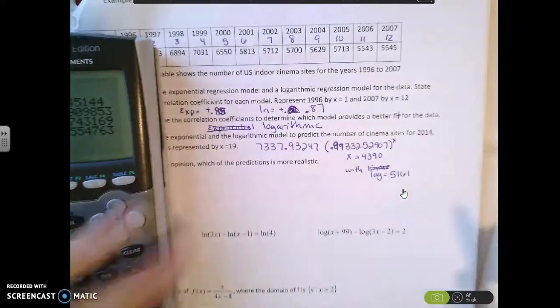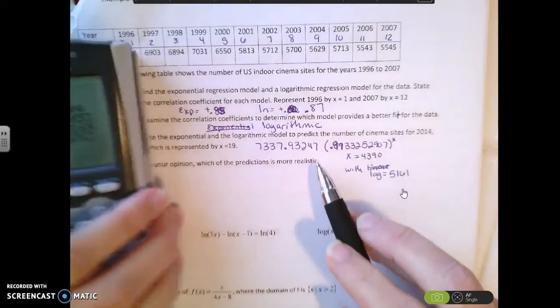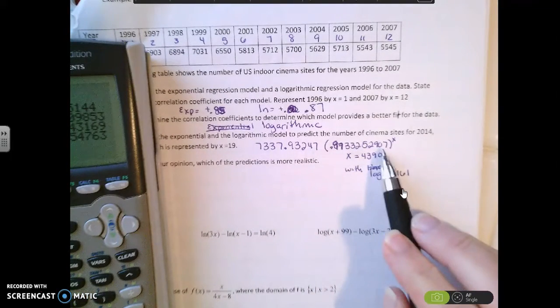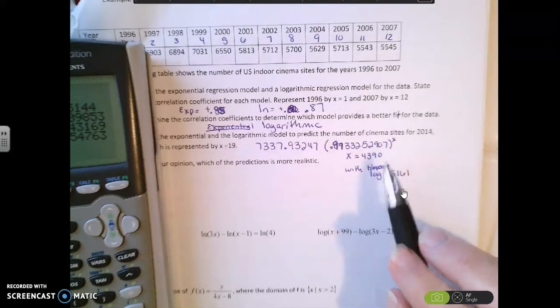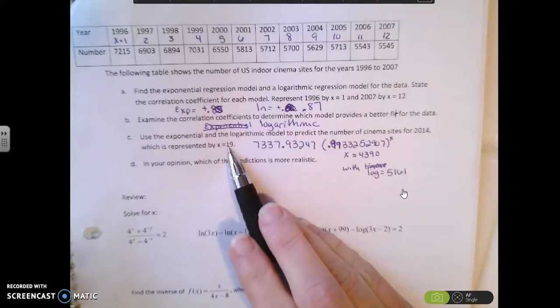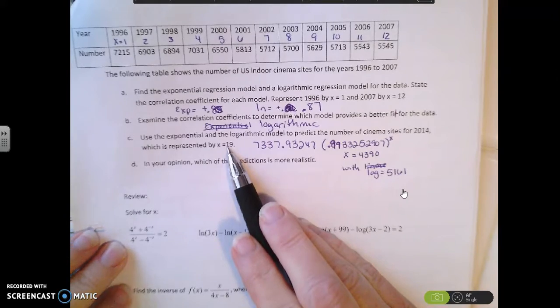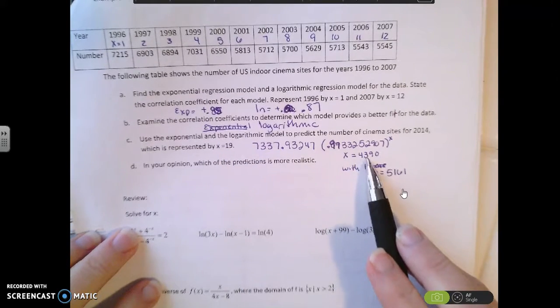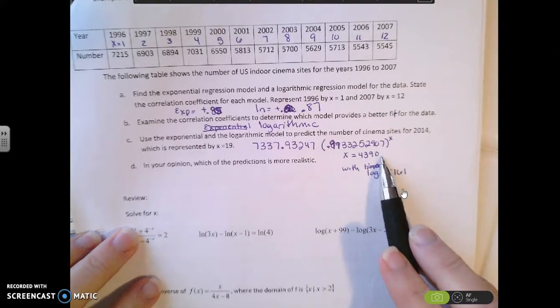Okay, so with exponential, this was my equation that I got, and when I substituted x equals 19, because they wanted to know what was the projection for 2014, I got 4,390.